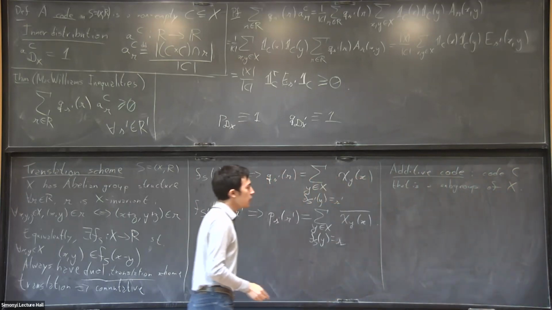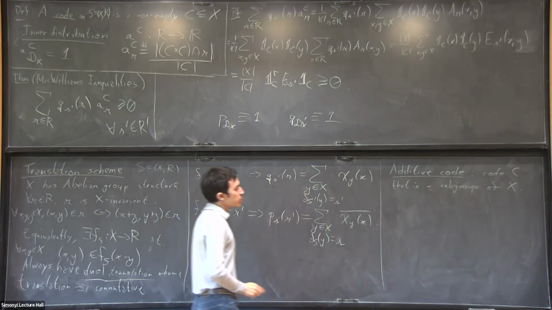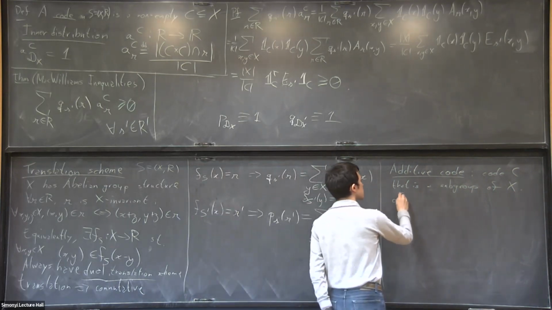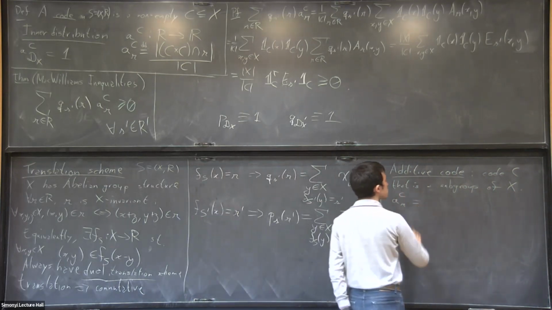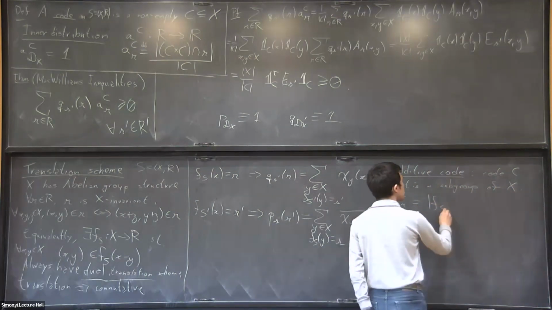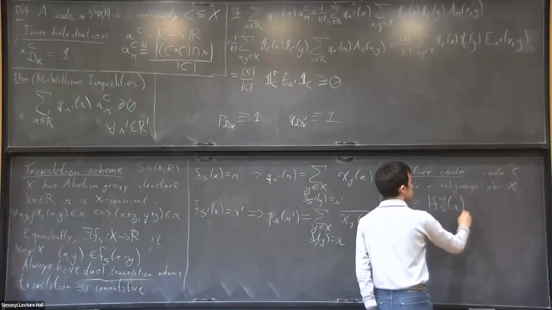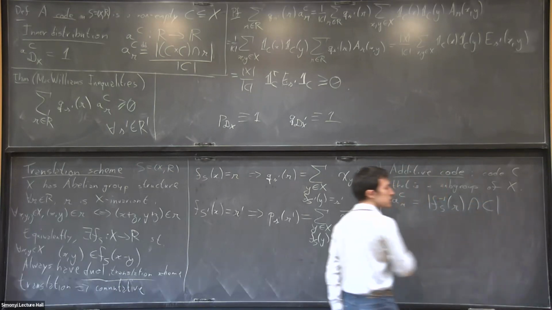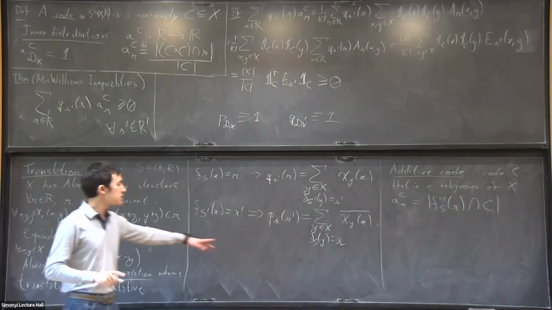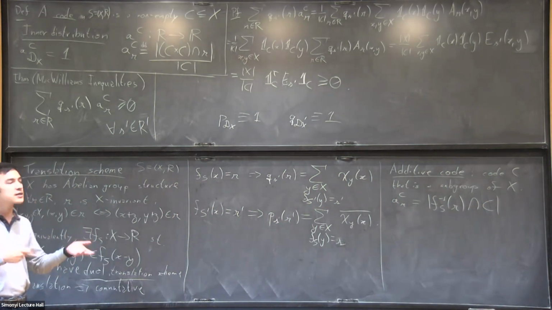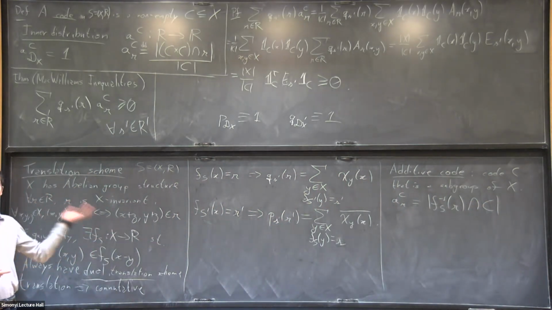These are particularly nice because if you want to compute the inner distribution, you can compute it in a much easier way. You can just see all the code words that give you the relation R under this F function. So instead of thinking of the relations as defined on X cross X, you can think of it as defined at a point.